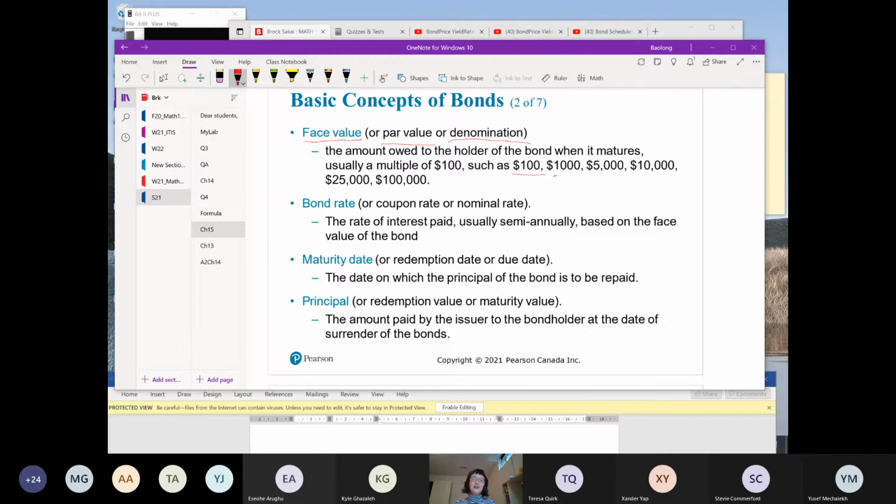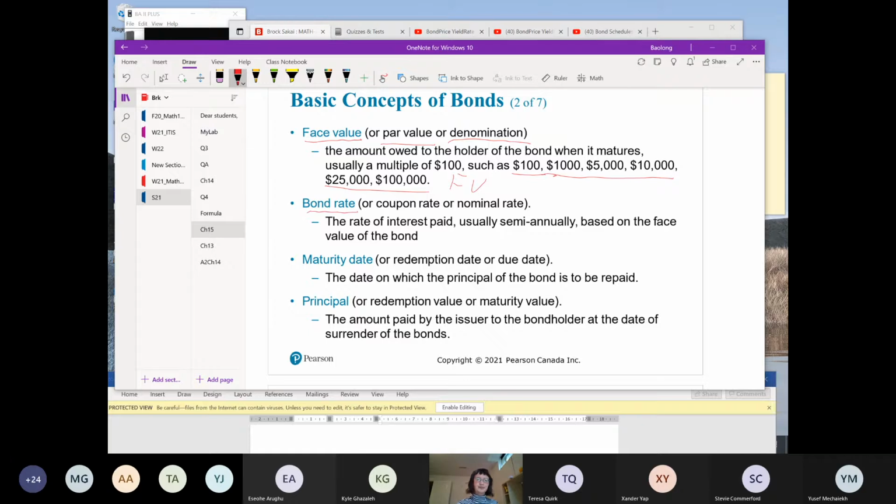All this value is referred to as the future value. If you bought a bond of $100, the bond will mature in 10 years. That means after 10 years, you will get this $100 back. This is face value.